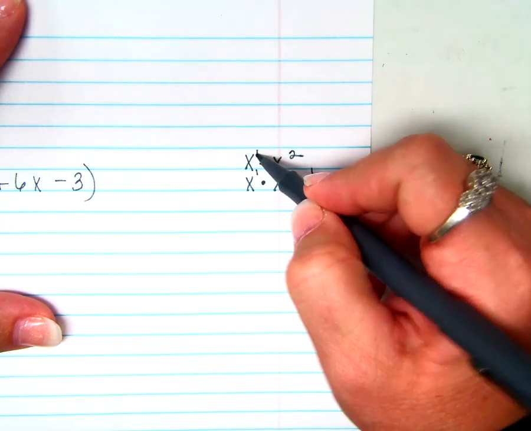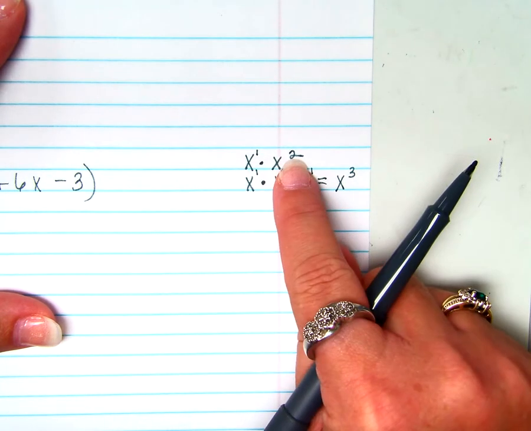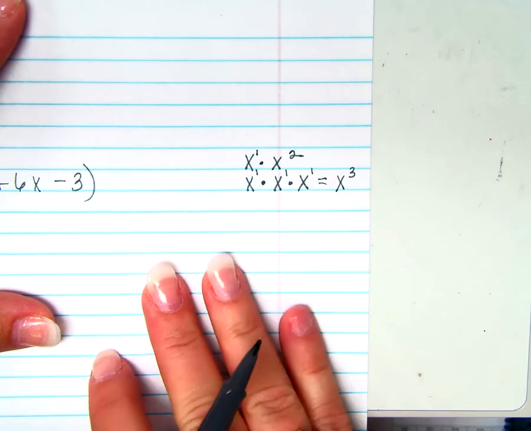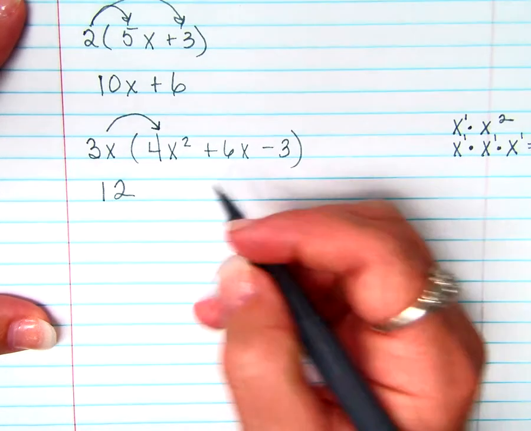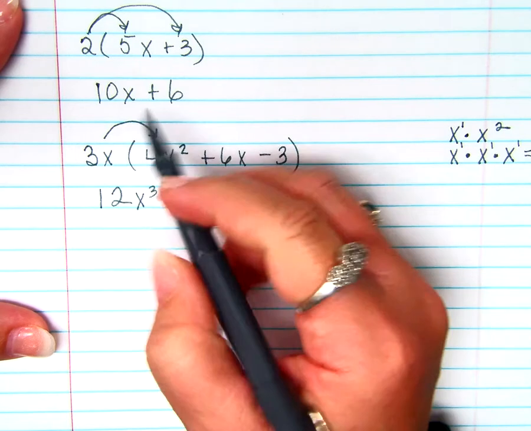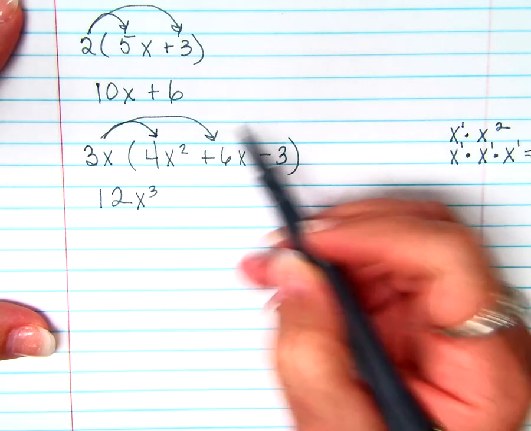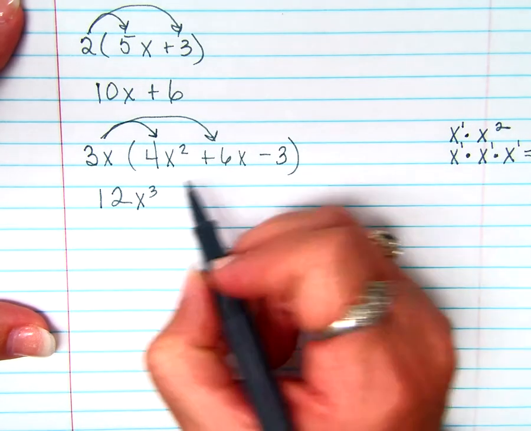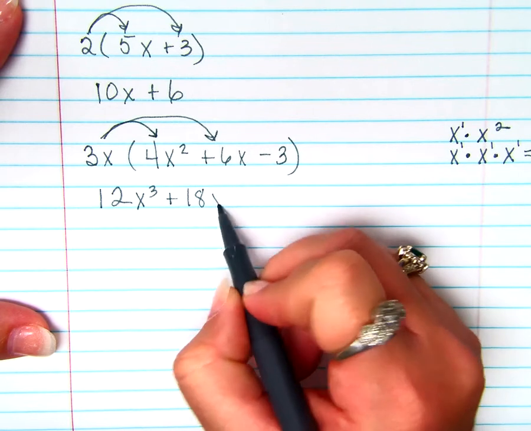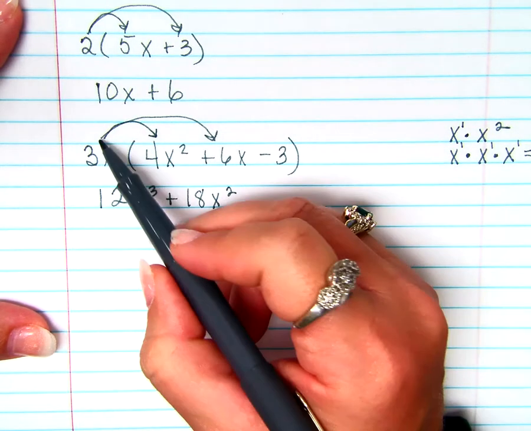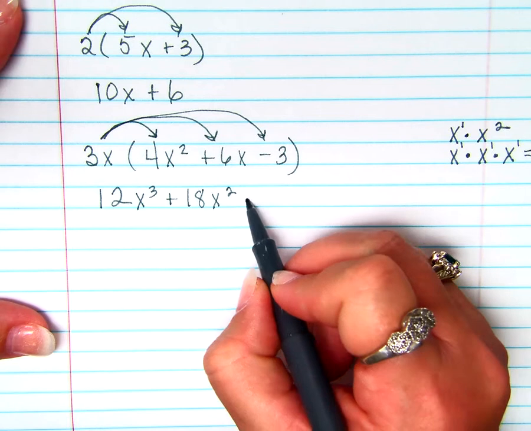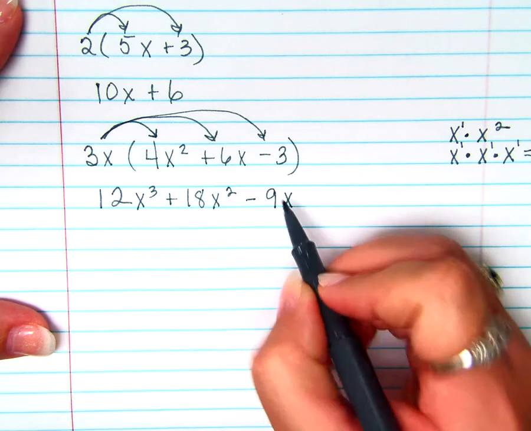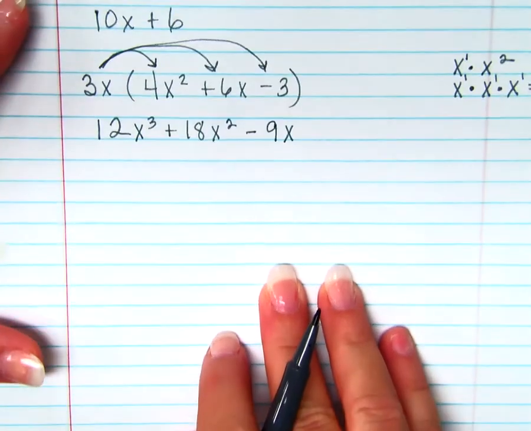Or I could even say 1 plus 2, still to the 3rd power, right? So what do I have when I have x times x squared? X cubed. Now if I multiply that term, what do I have? 18x squared. 3x times negative 3 is minus 9x. Very good.